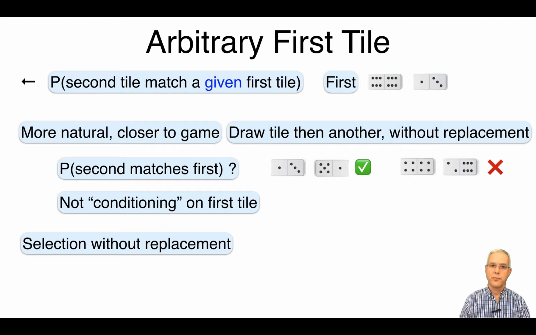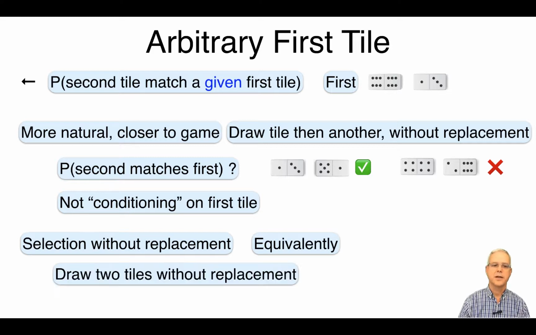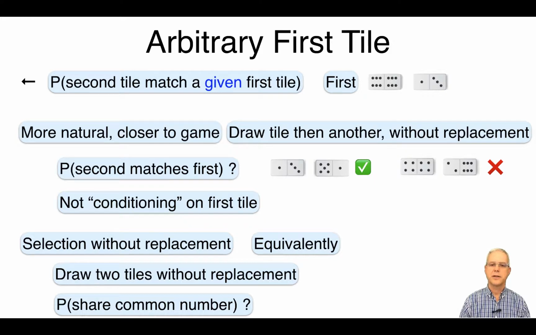And if you remember from when we discussed selection without replacement, then an equivalent way of calculating this, instead of saying pick the first then the second, is just to say that we're drawing two tiles without replacement, and you ask what is the probability that they share a common number, like here. So we draw the first tile, and we draw a second one, and we are interested in the probability they share a common number, like here 1.